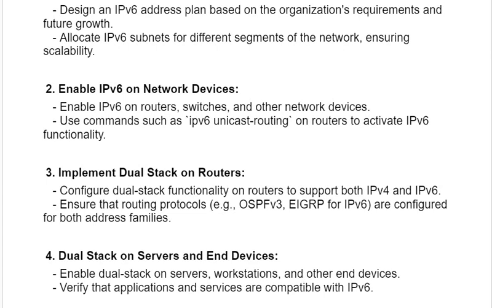Our fourth solution is dual stack on servers and end devices. Enable dual stack on servers, workstations, and other end devices. Verify that applications and services are compatible with IPv6.